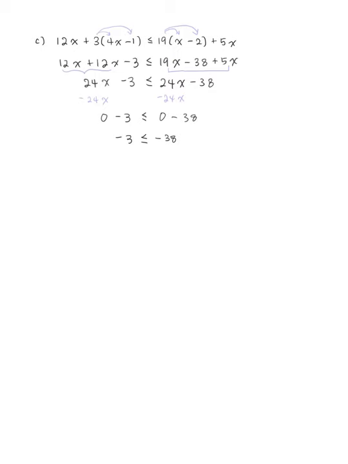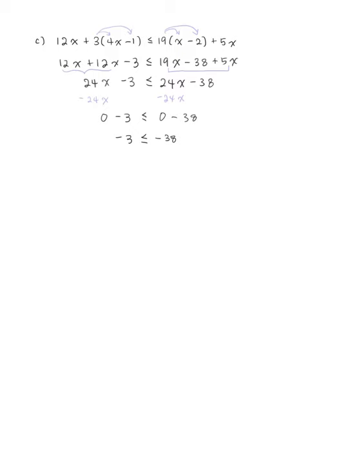So you're probably sitting there wondering, oh my gosh, what happened to my x? X disappeared. Now if the x disappears, your answer is going to be either all real numbers or no solutions. So what determines that is, is this a true statement or is this a false statement?